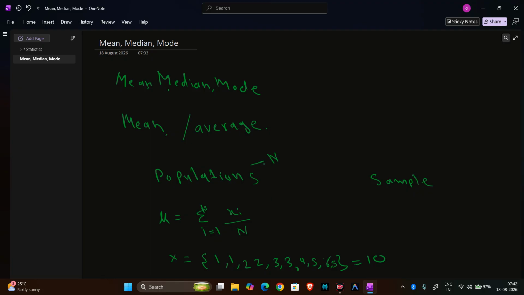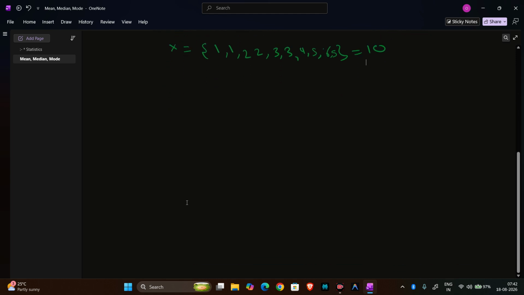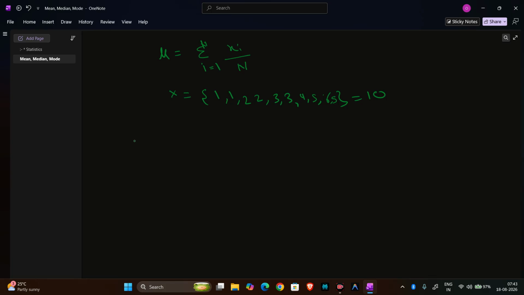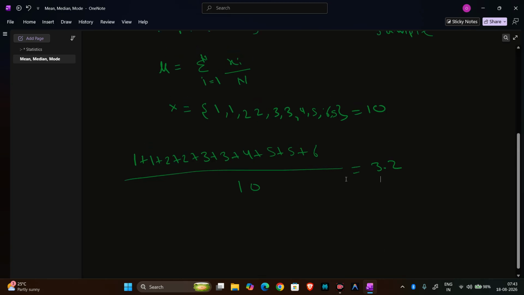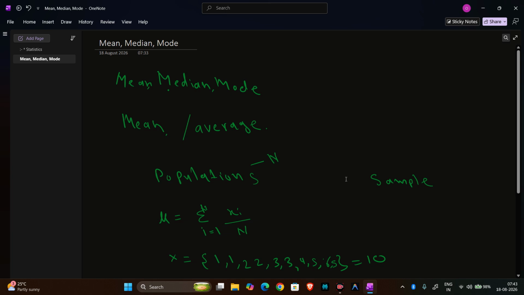We use the summation of xi from i equals 1 to N, divided by N. That means 1 plus 1 plus 2 plus 2 plus 3 plus 3 plus 4 plus 5 plus 5 plus 6, divided by 10. We get around 3.2. So we have calculated the mean, or average, of the population data set.